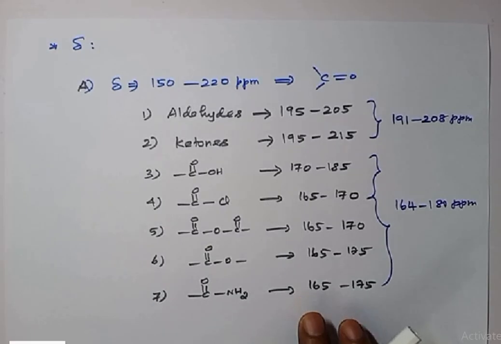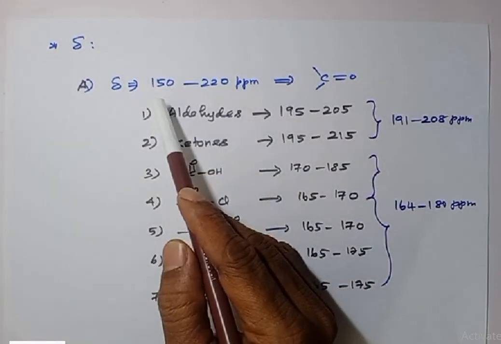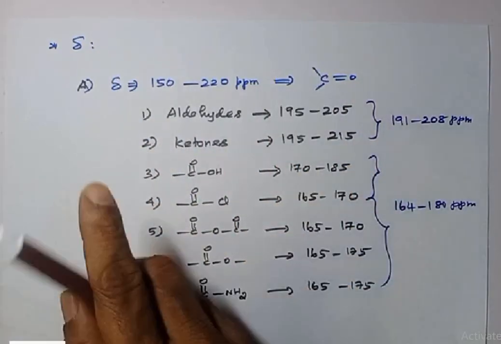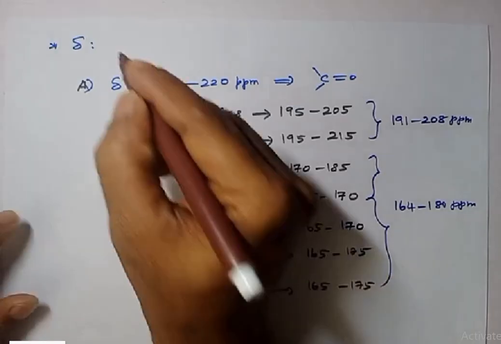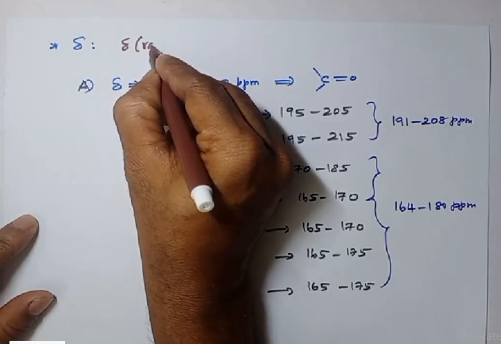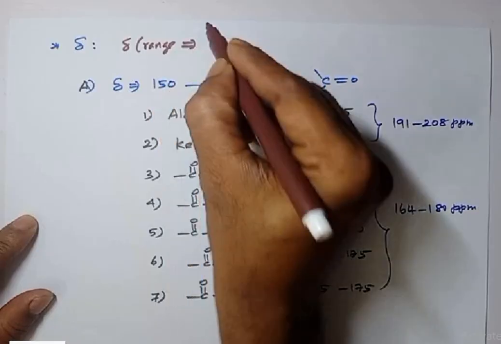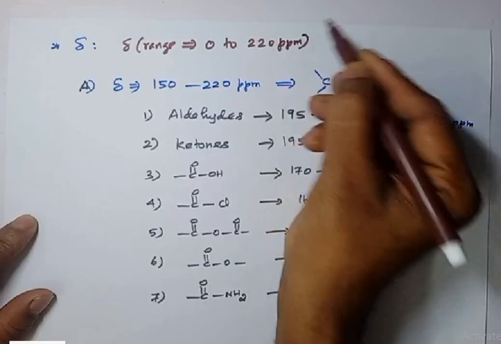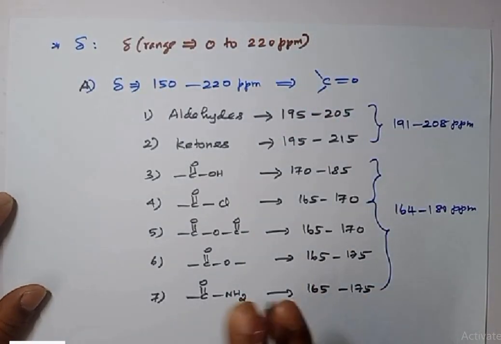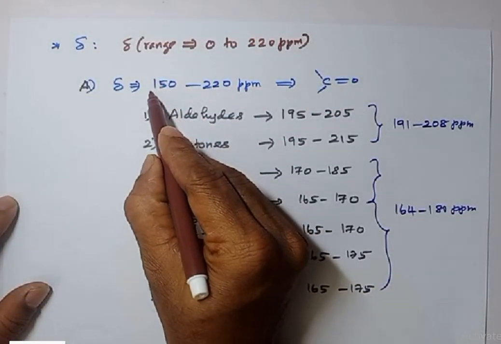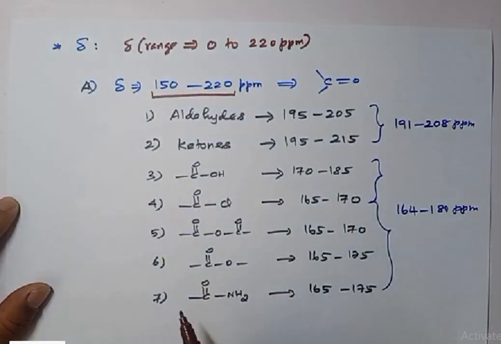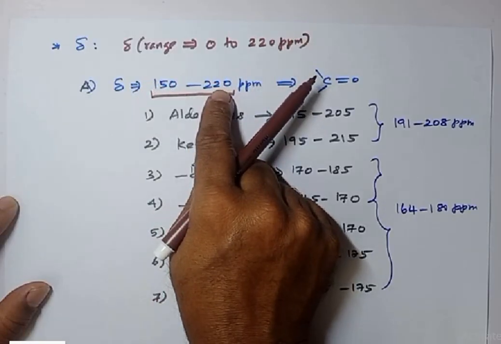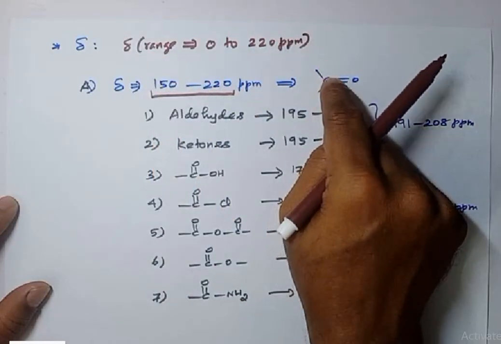I have told you the chemical shift range for C13 is 0 to 220 ppm. Generally, this is the overall range. Now, if you get a signal between 150 to 220, observe carefully, it should be a carbonyl group.